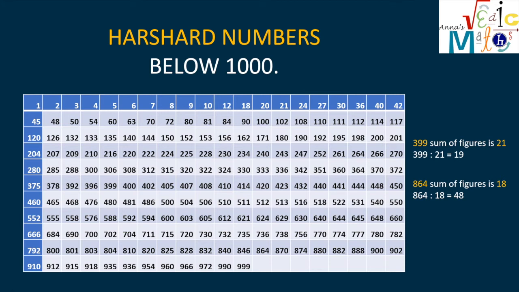The sum of figures is 18, and 18 is again a divisor of this number. 999. The sum of figures is 27, and dividing by 27 we obtain 37. So all the conditions are always verified.